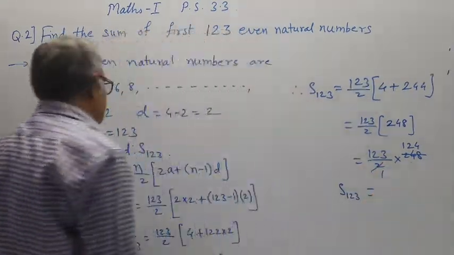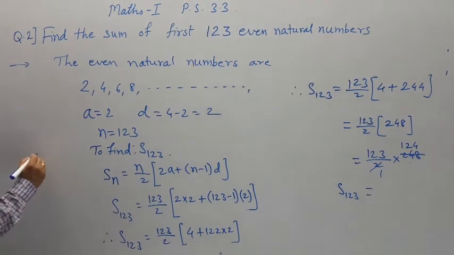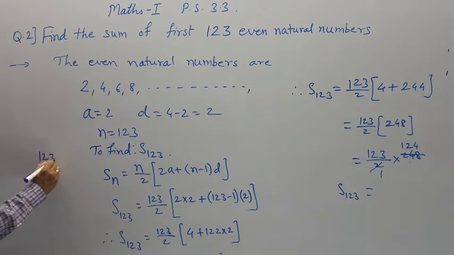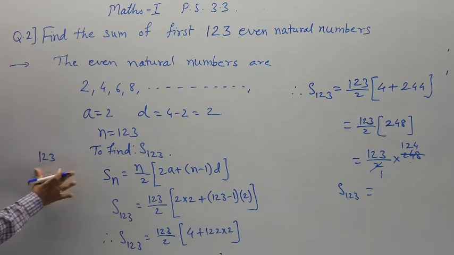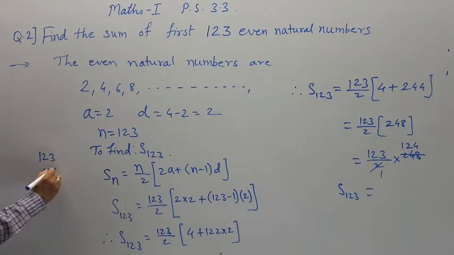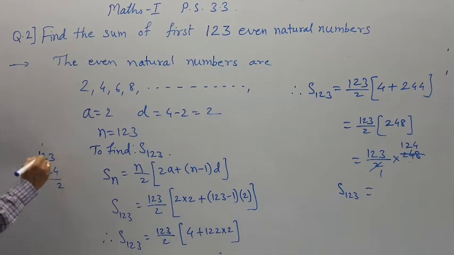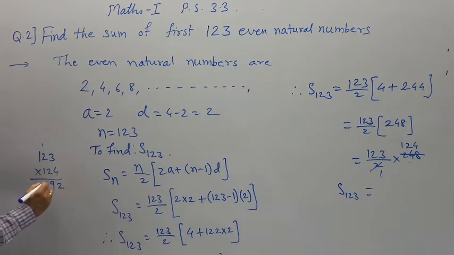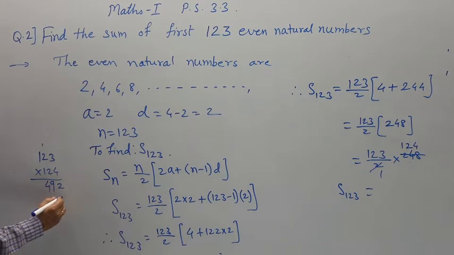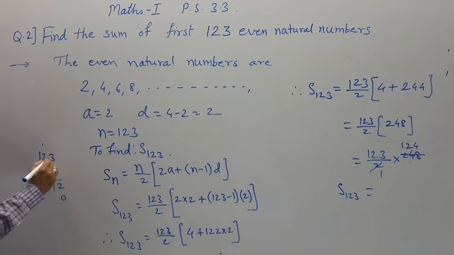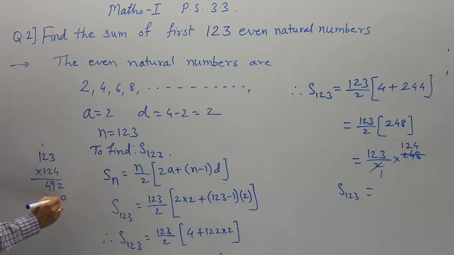It is not easy, so I am doing it here roughly, 3 digit multiplied by 3 digit. 4 3s are 12, 4 2s are 8 and 1 is 9, 4 1s are 4. Then start with the tens place, put 0 here or a plus sign. 2 3s are 6, 2 2s are 4, 2 1s are 2.